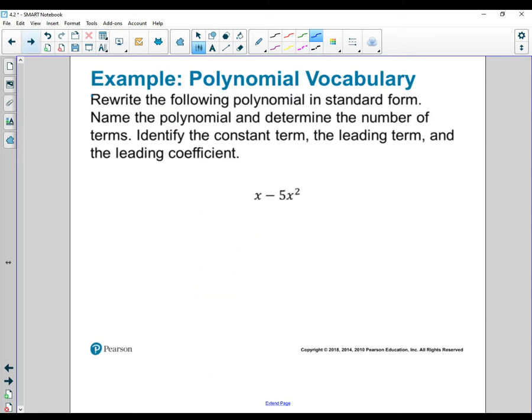Not too bad. This one would be in standard form, descending order. This would be a quadratic, because the highest term is x squared. 2 terms.